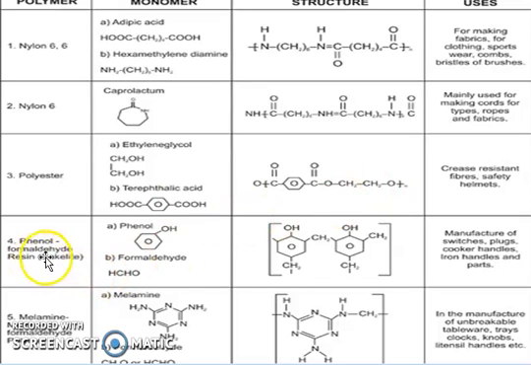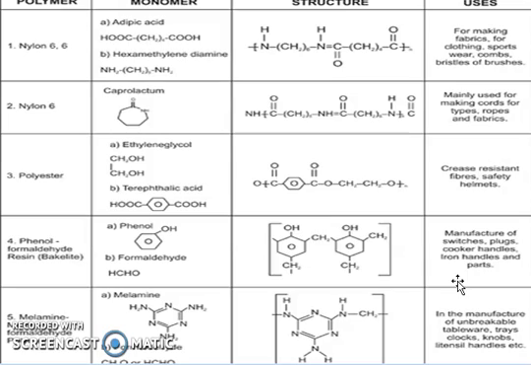Next is phenol formaldehyde resin. The monomer units are phenol and formaldehyde. These are formed when phenol and formaldehyde units are joined. It is used in manufacture of switches, plugs, cooker handles, iron handles and parts. It is a fire resistant polymer.